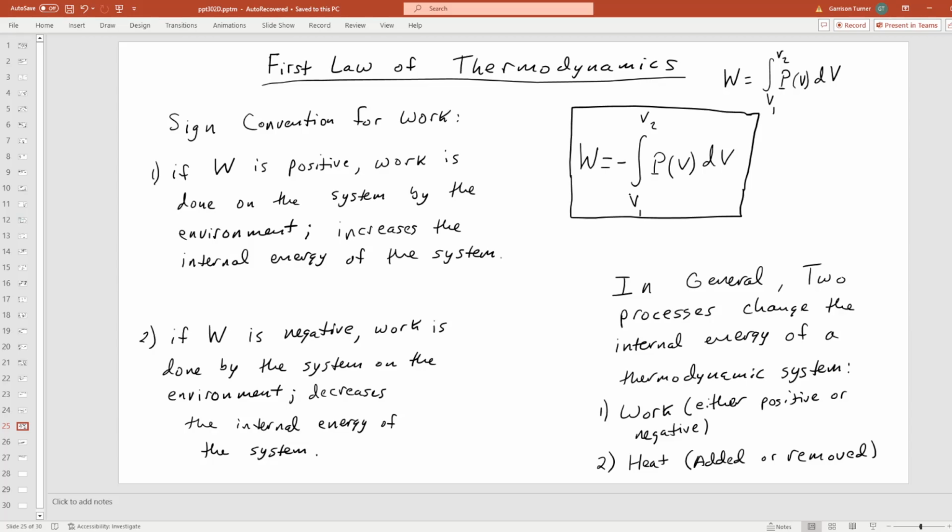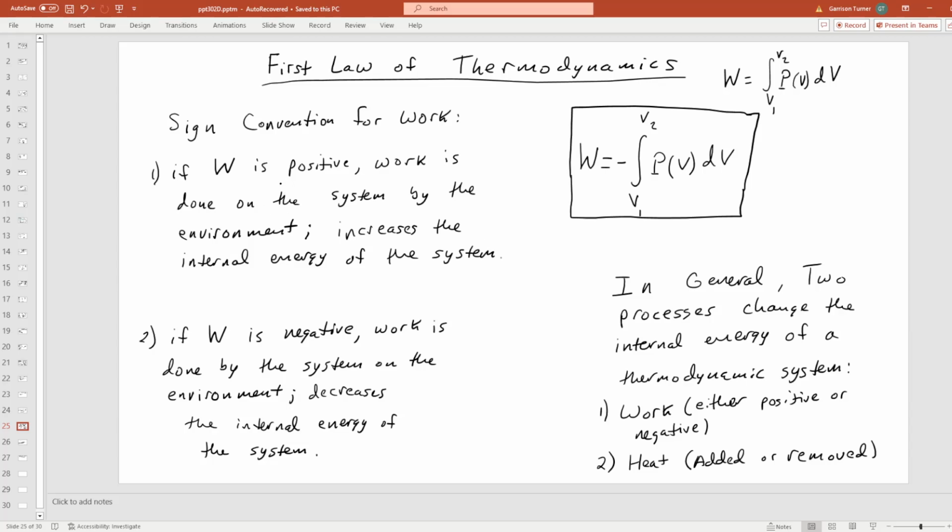If we put this minus sign out front, then our work becomes positive. So the sign convention that I'm going to follow for this lecture is using this equation, work is equal to the negative of the integral p dV.